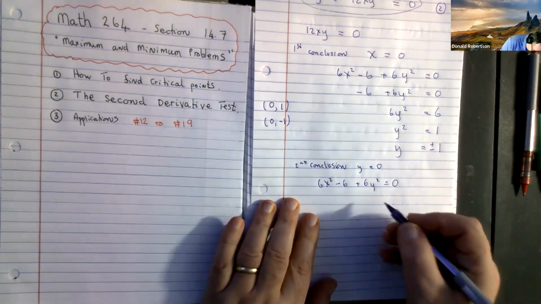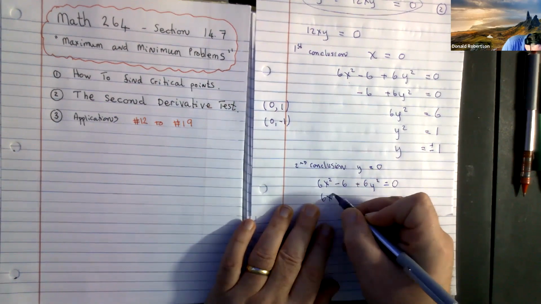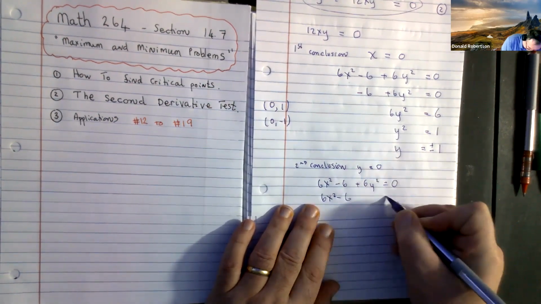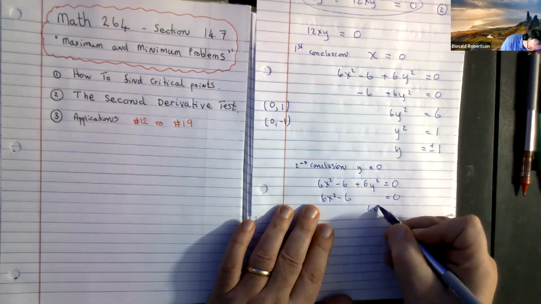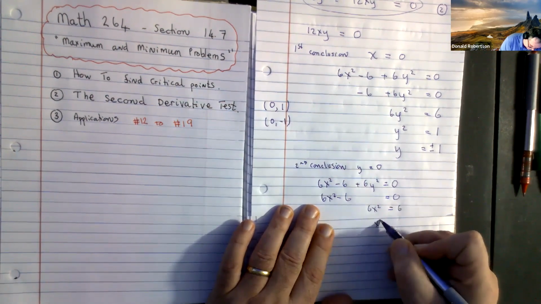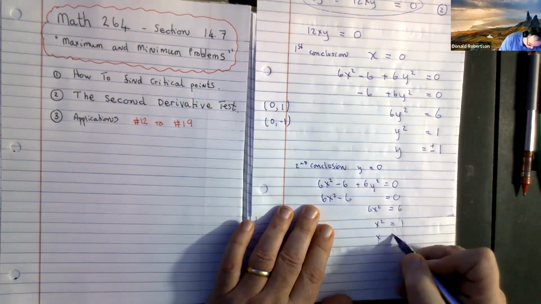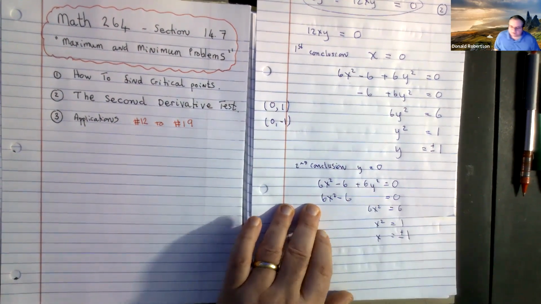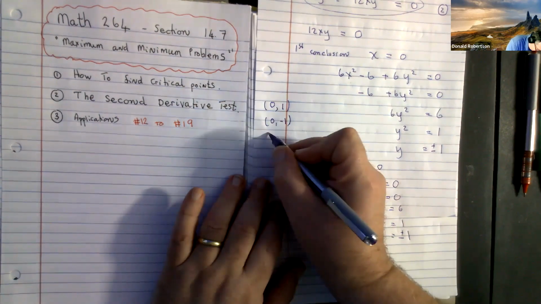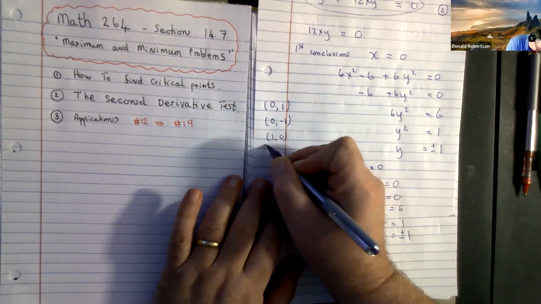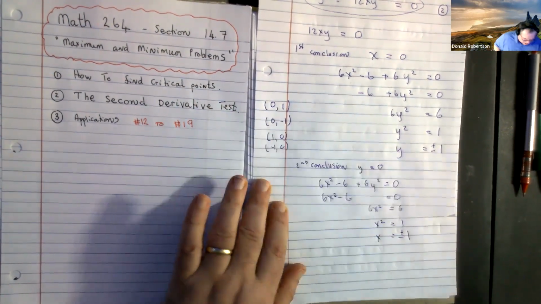Next thing we get is that 6x² take away 6 plus nothing is 0, because 6 times nothing squared is still nothing. 6x² is 6, x squared is 1. Oh, kind of symmetry going on. x could be plus or minus 1. Well, that means (1, 0) and (-1, 0).